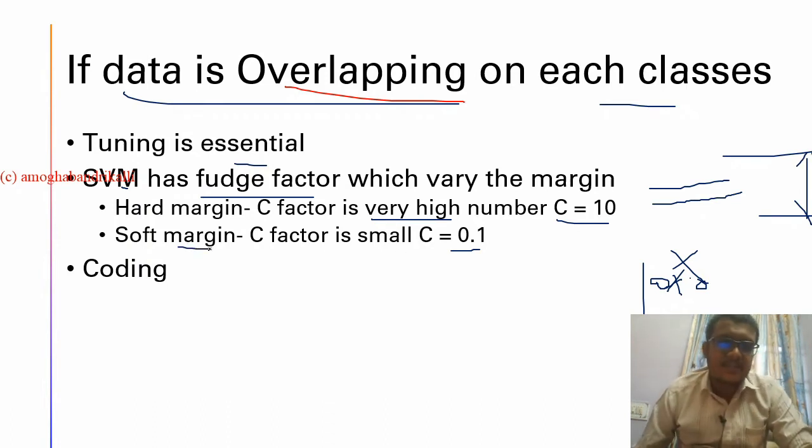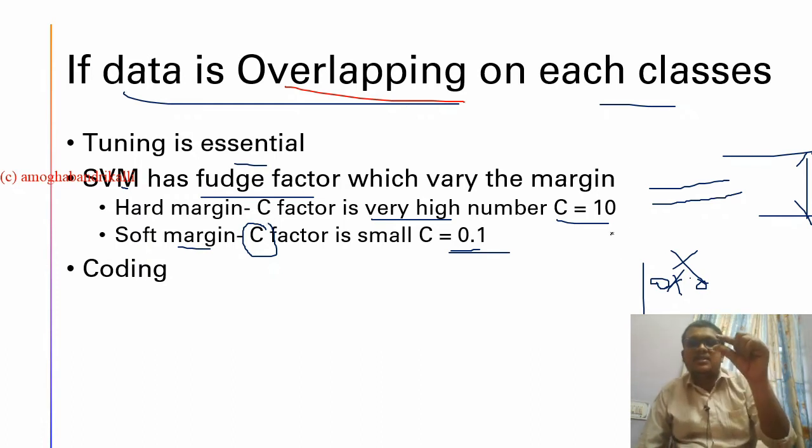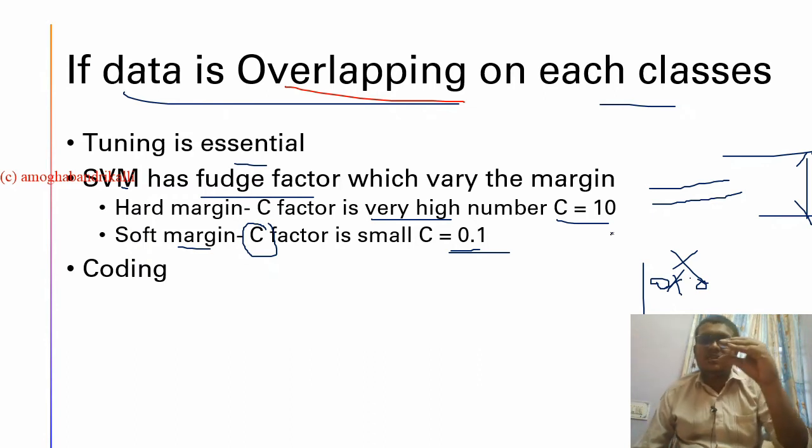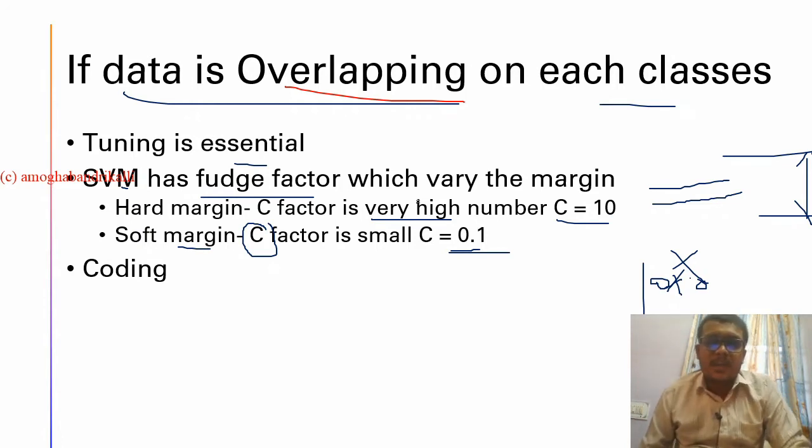That is called a soft margin and hard margin, dependent on the value of C. If it is very high, the margin will be very narrow, a hard margin, like hard rules. If the C value is lesser, then it is a soft margin.